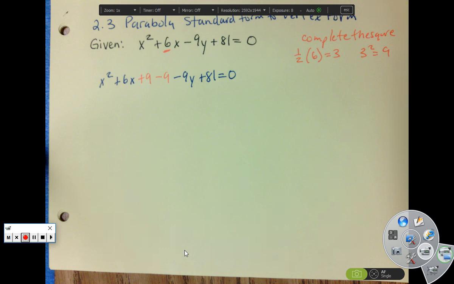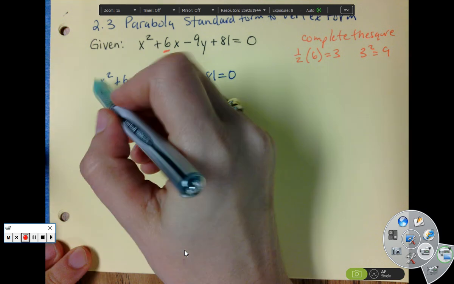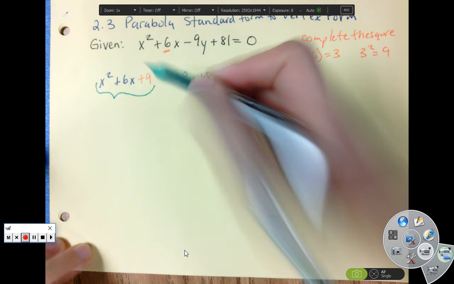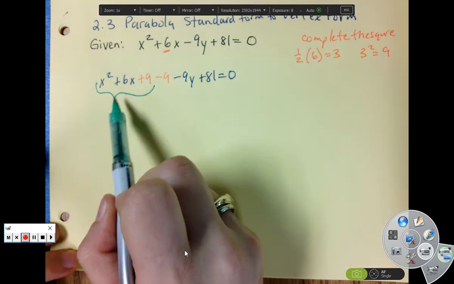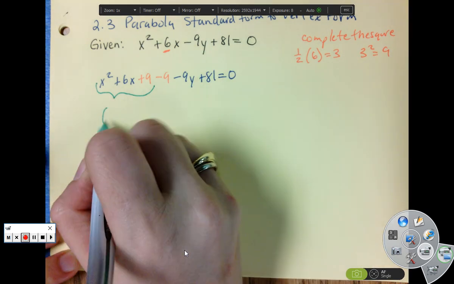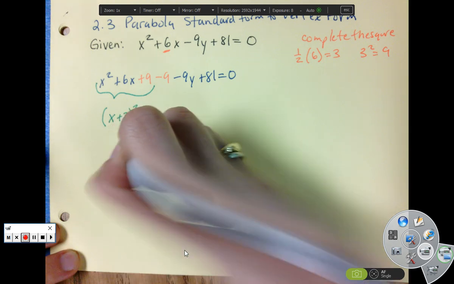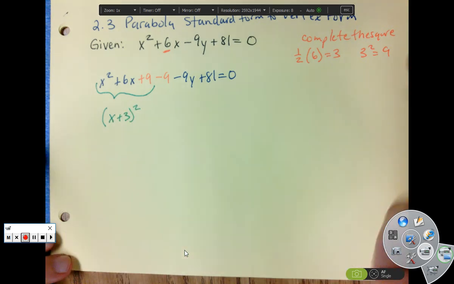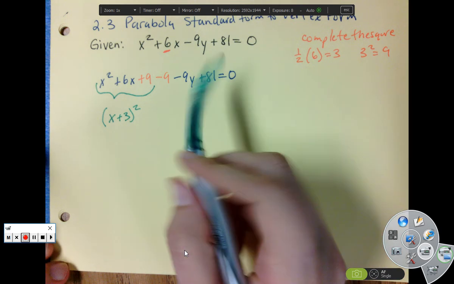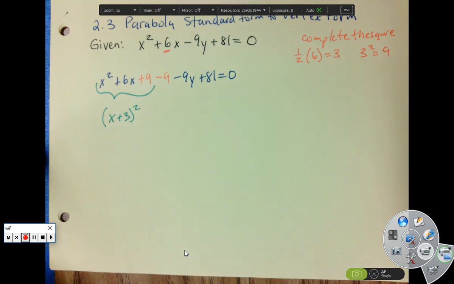Now I have my square complete, so I can rewrite x squared plus 6x plus 9 as x plus 3 squared. Now I want to combine some like terms. Hopefully you notice I still have the negative 9y.